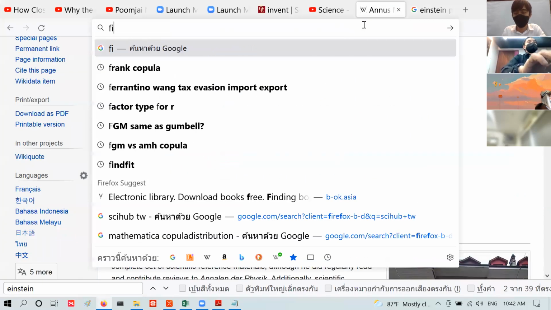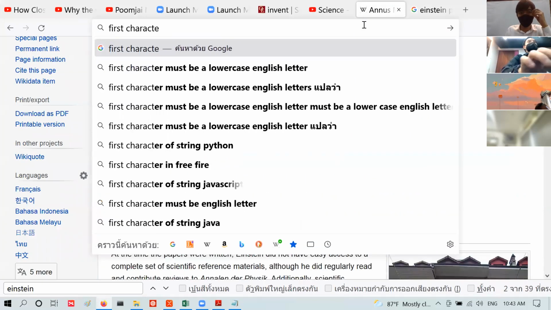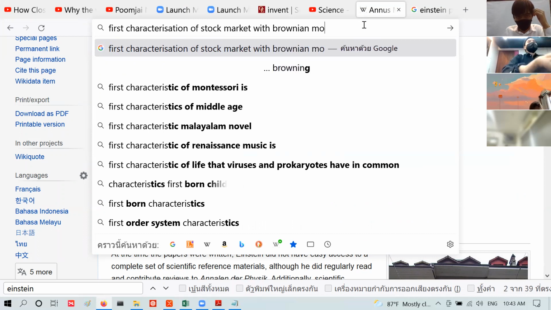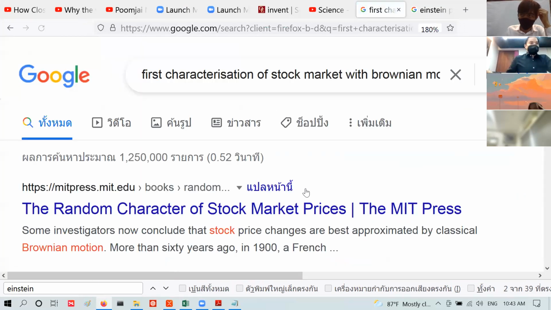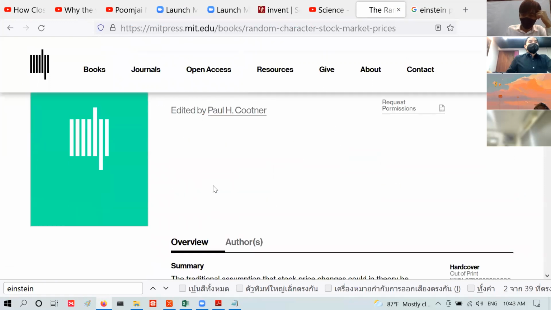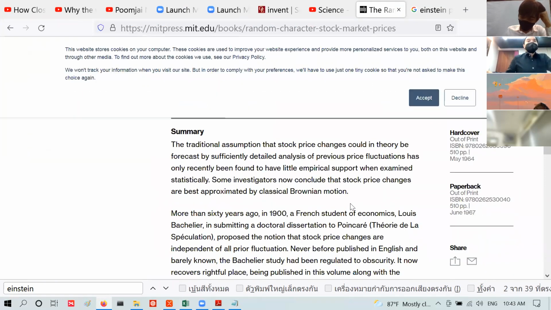The first characterization of the stock market with Brownian motion was more than 60 years ago, in 1900, by a Frenchman.